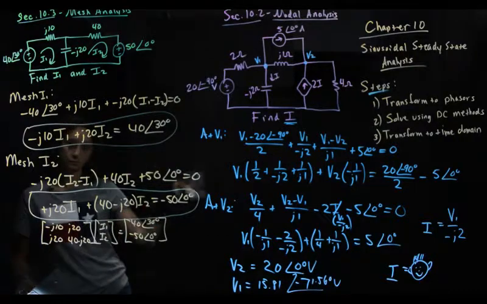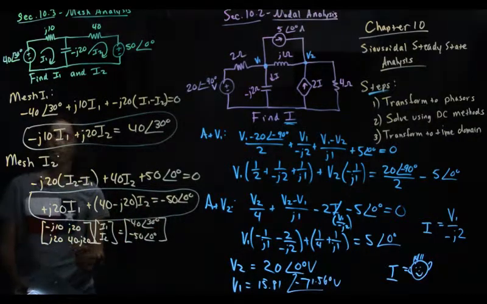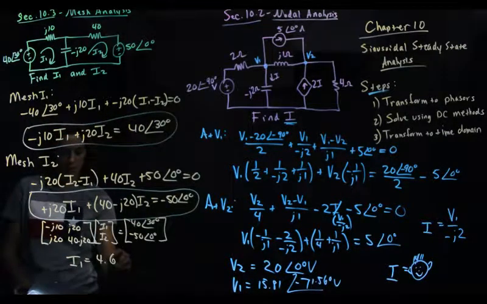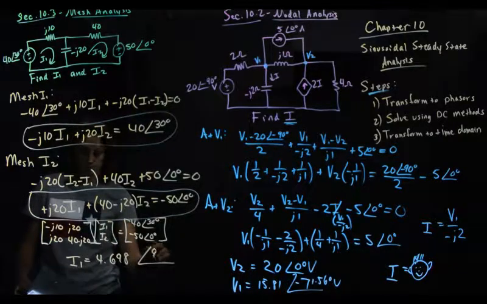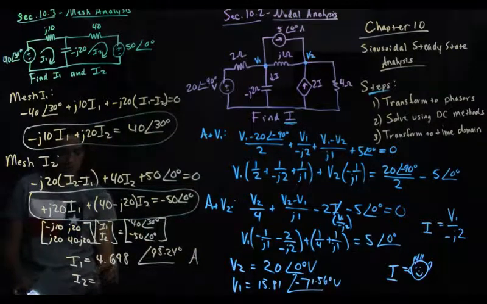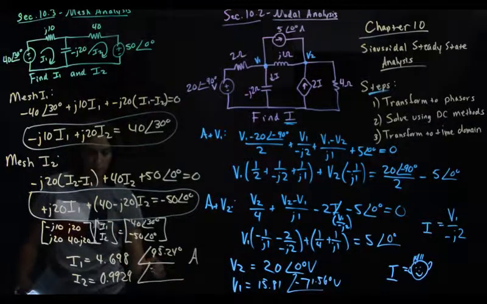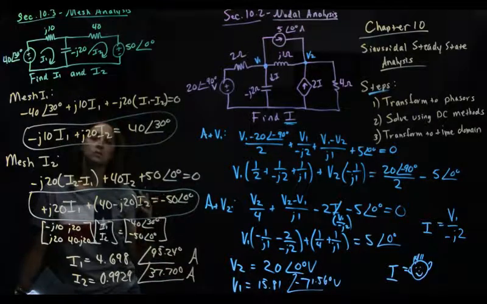Cramer's is in the back of the book in one of the appendices, so take a look at that. But we get I1 equals 4.698 at an angle of 95.24 degrees amps, and I2 equals 0.9929 at an angle of 37.70 degrees amps. So that will wrap up 10.2 and 10.3.